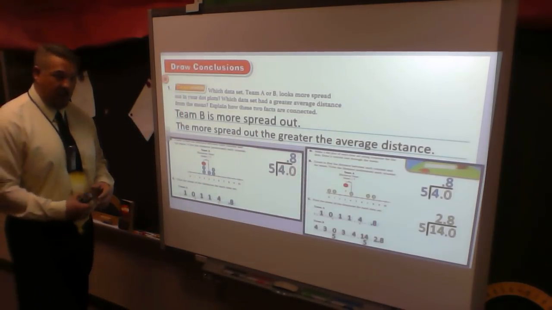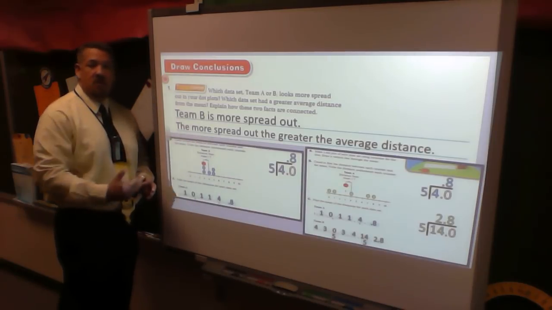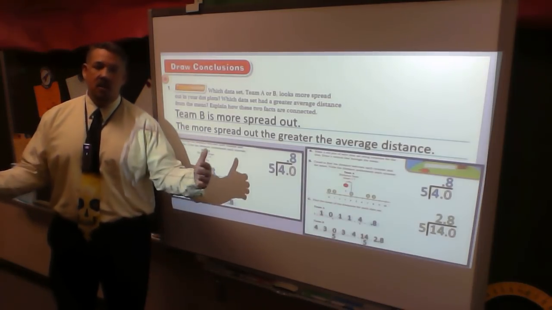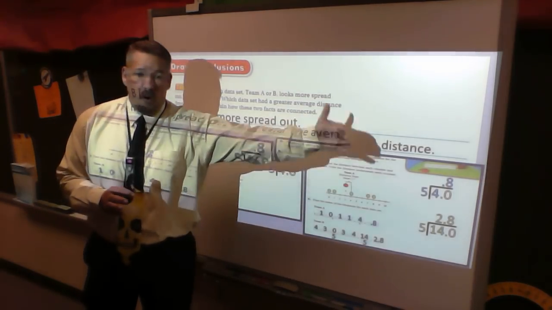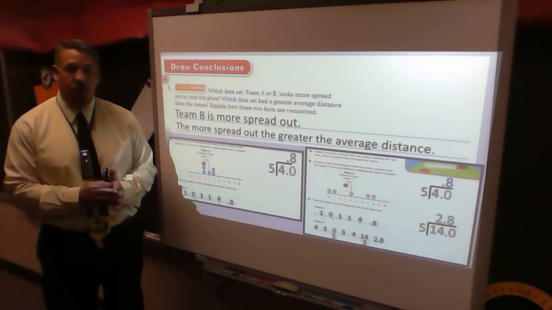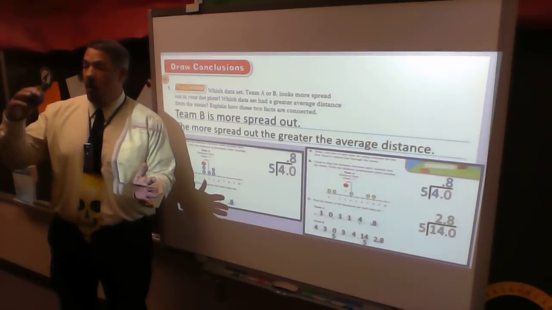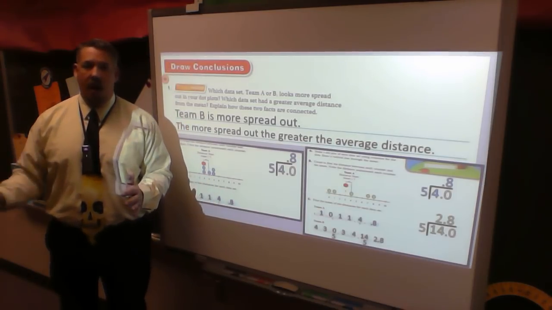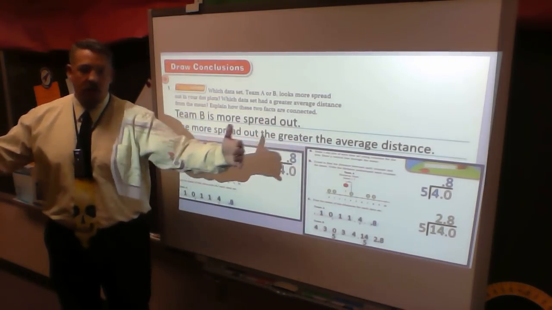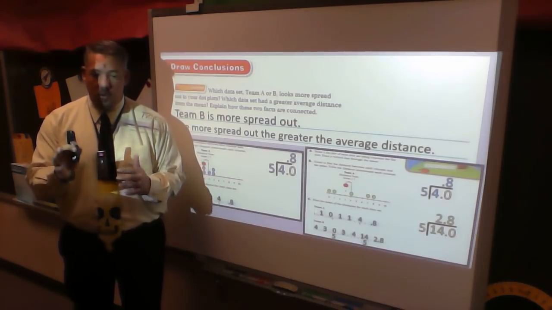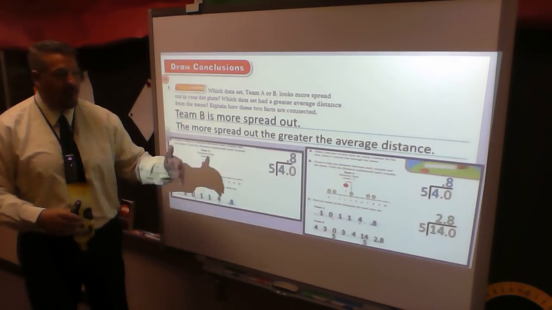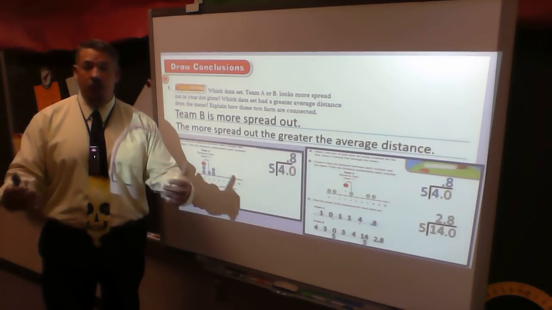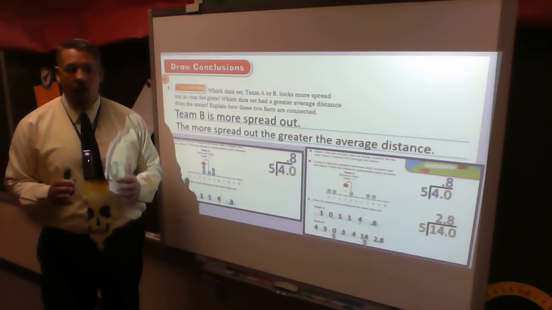It should make sense that when I say B is more spread out, the average distance is going to be greater, because I know that someone went 4 from the average of 4, and someone went 4 from the average of 4 on both sides. If all I have is going 2 or 1 from the average of 4, they're not as spread out, and therefore my deviation, my change from the average, is not nearly as great.